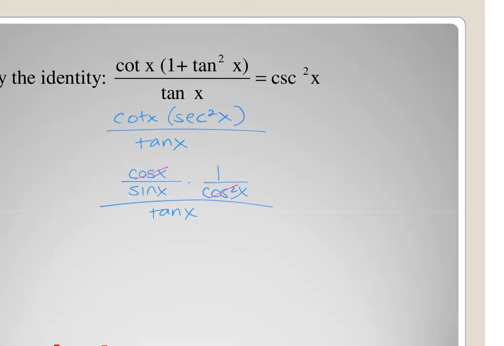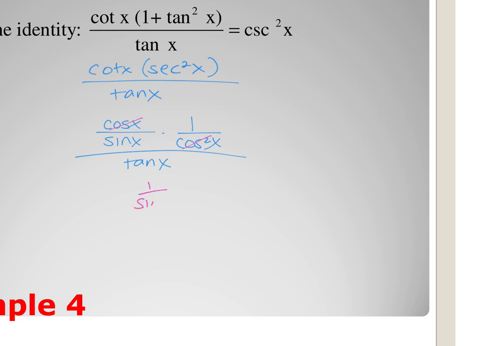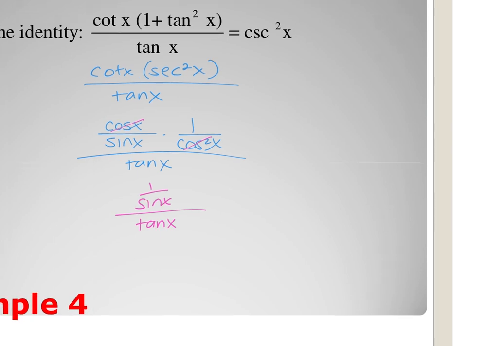Then cancel, yeah. So then you get 1 over sine times cosine over tangent. Yep. Then convert the tangent to sine over cosine. Yep. Wait, no, you're supposed to keep one cosine because it's cosine squared. You didn't, all the cosines didn't cancel. Oh, thank you. From here.